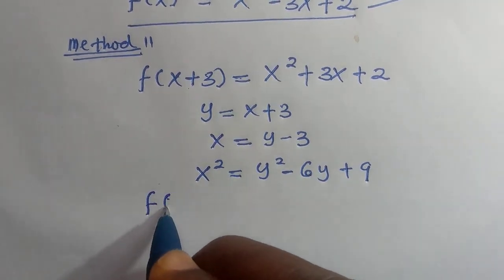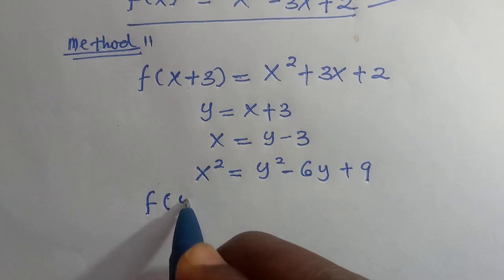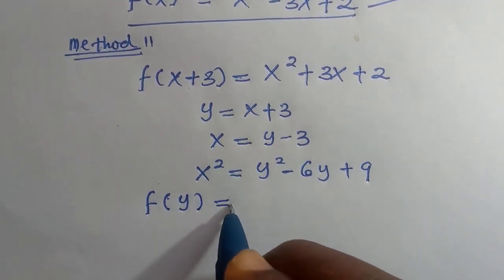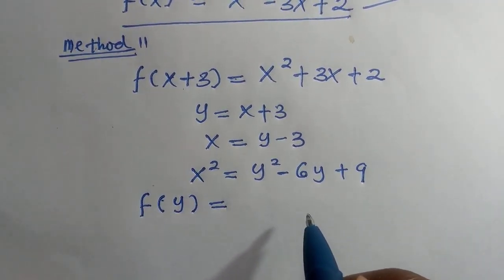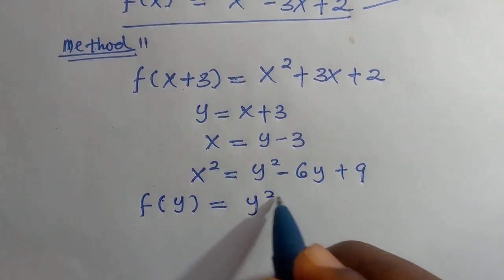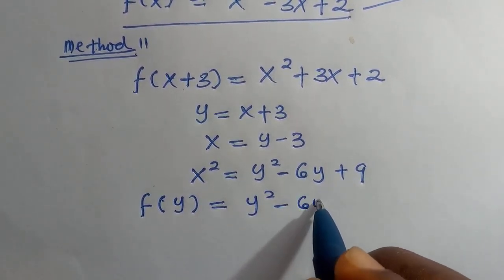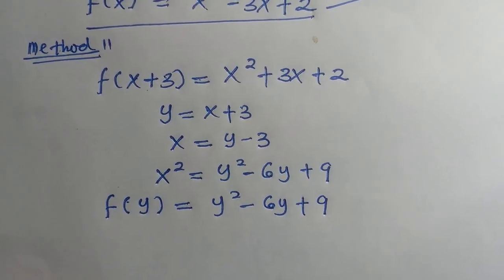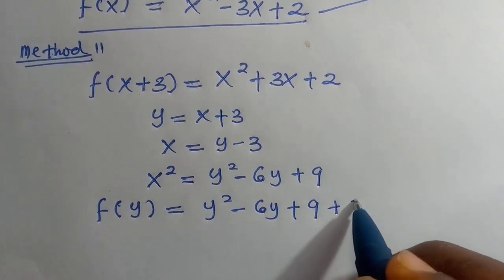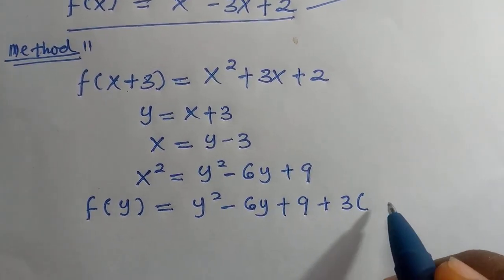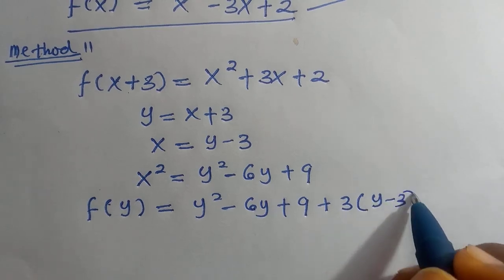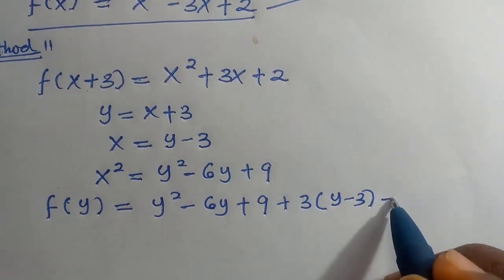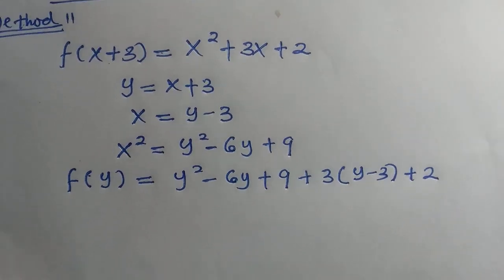The first one, which is f of, instead of x plus 3, we change it to y equals, so x squared is given as y squared minus 6y plus 9, and also plus 3 open bracket. So x is given as y minus 3, then we have plus 2.